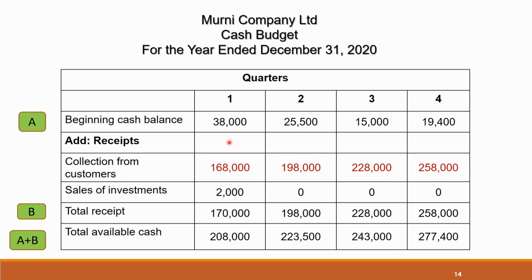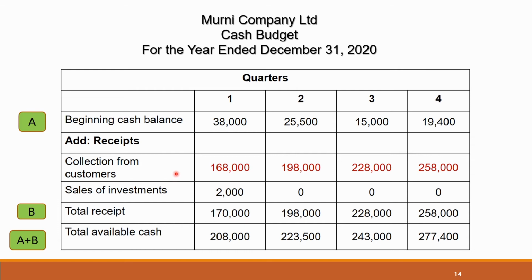Now we look at the second step. We have to record cash receipts. From the question, there are two items recorded in cash receipts. Number one, collection from customers. And number two, sales of investment.